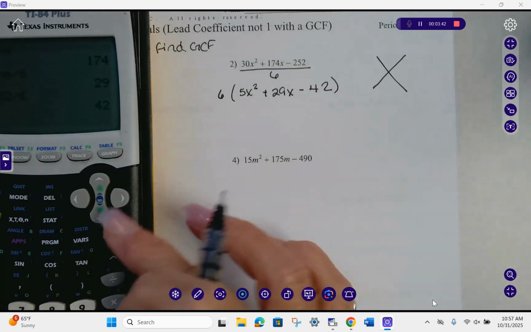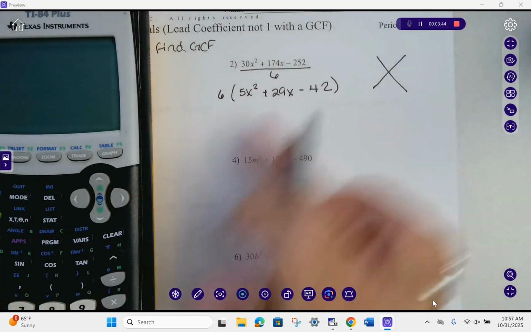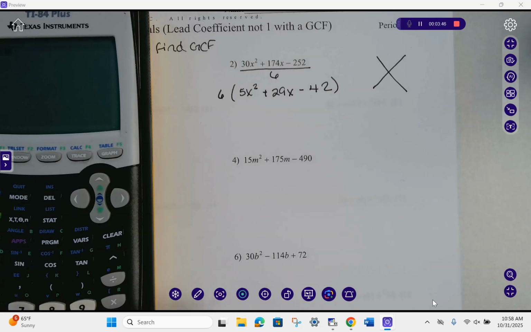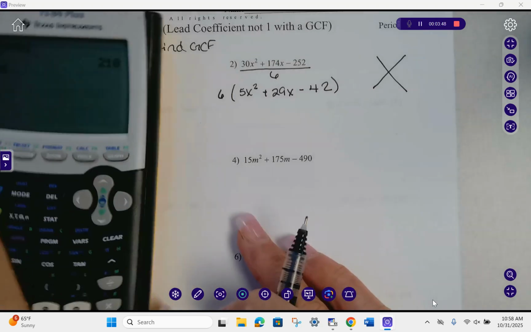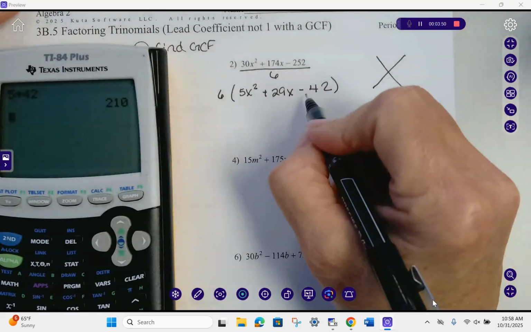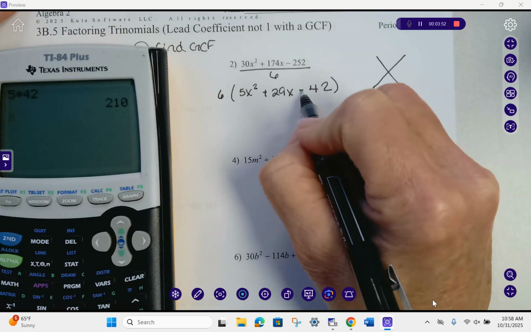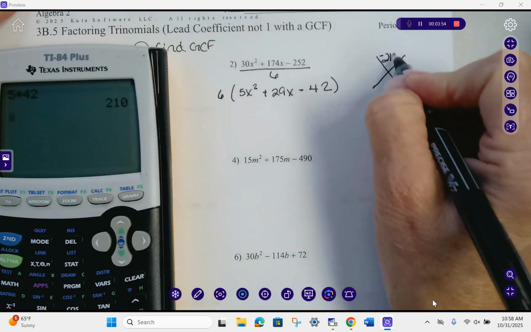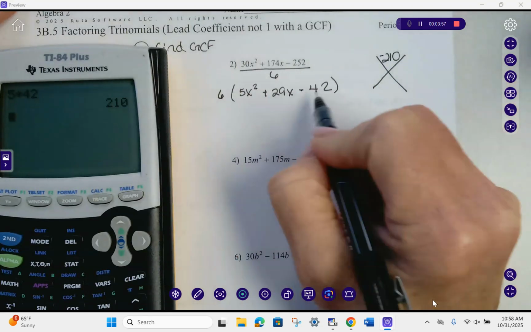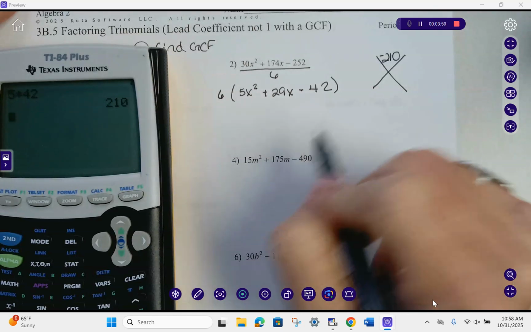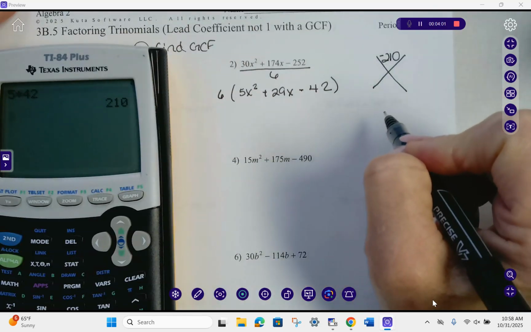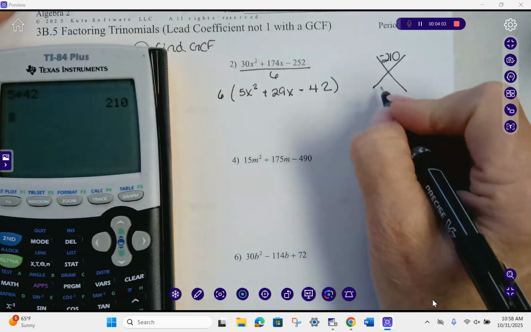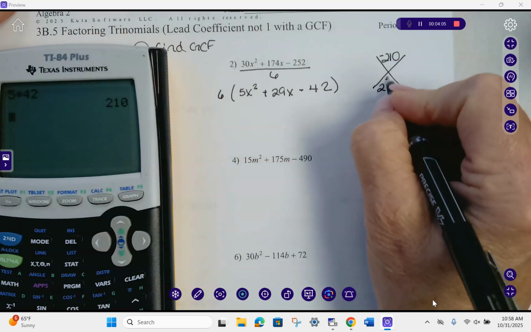So to start finding the numbers that we need to separate this into two terms, we're going to take our first term times our last term, 5 times 42, and we get 210. Not just 210, but a negative 210, because it's 5 times negative 42. And those factors of negative 210 have to add up to a positive 29.